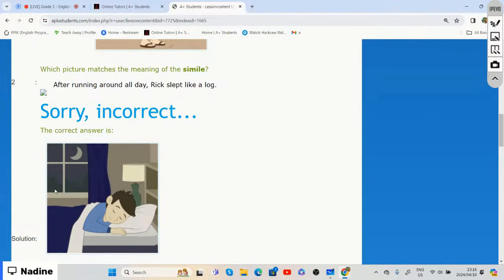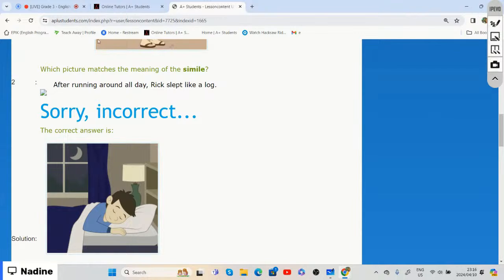If we compare Rick sleeping to a log, think of a big log. They're not moving that log, because of course it seems impossible to move because it's heavy. So you are just leaving the log to be.